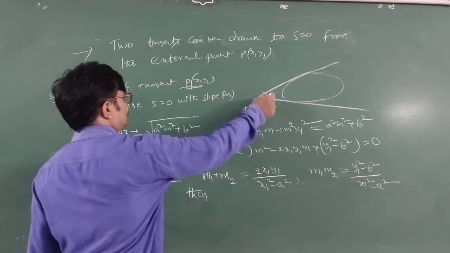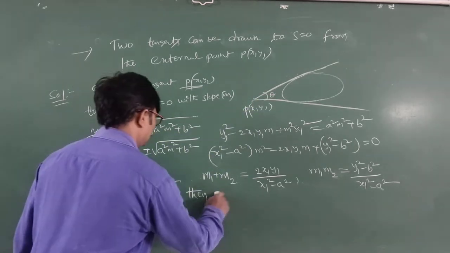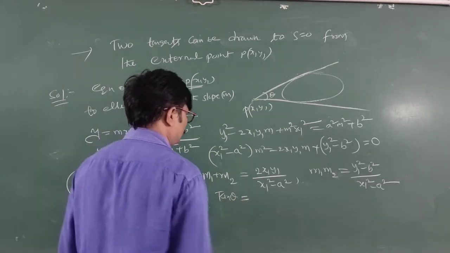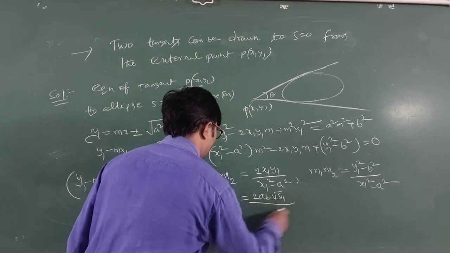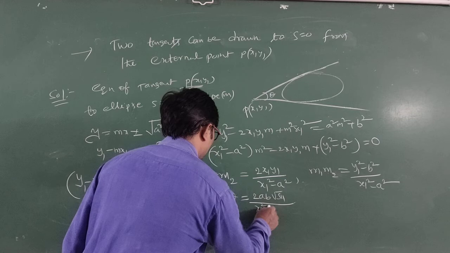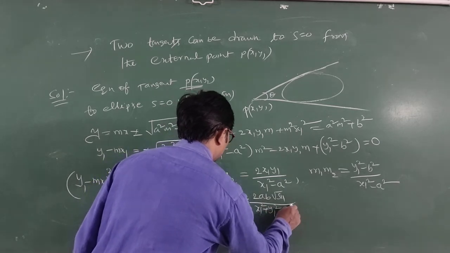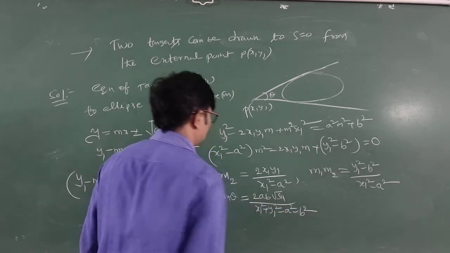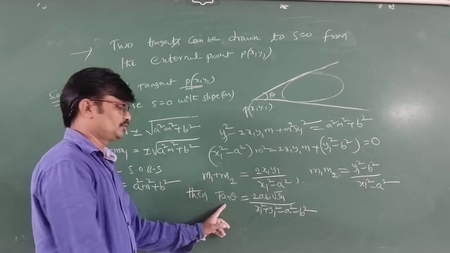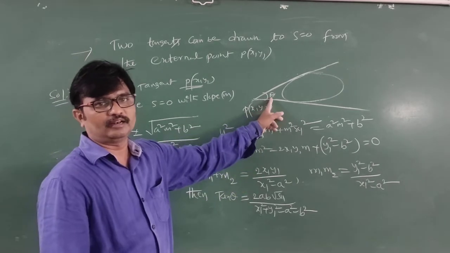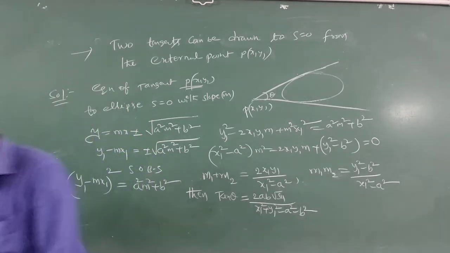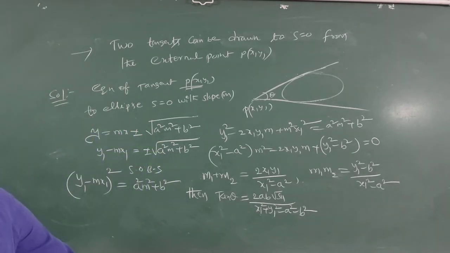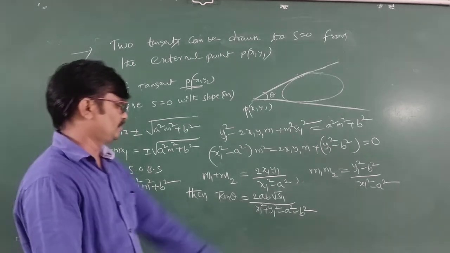Then if theta is the angle between the tangents, tan theta equals 2ab root of s11 upon x1 square plus y1 square minus a square minus b square.